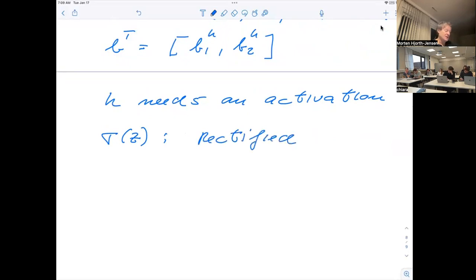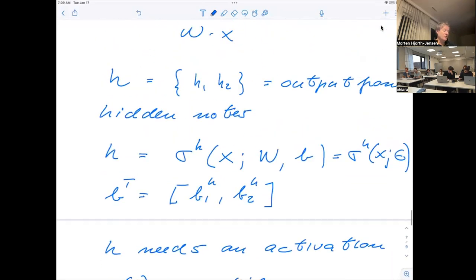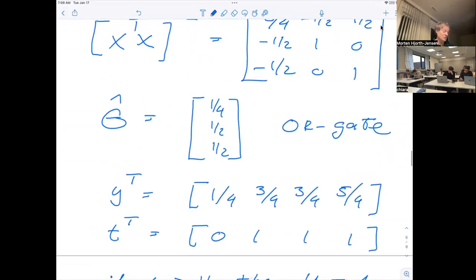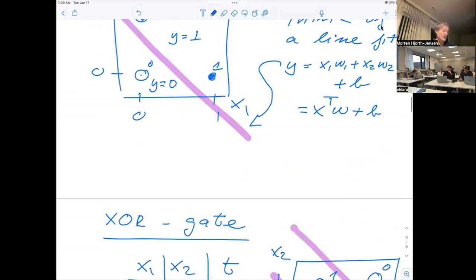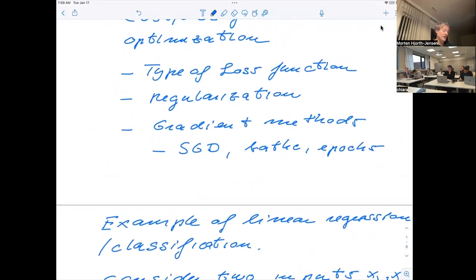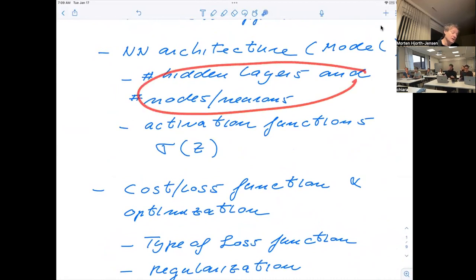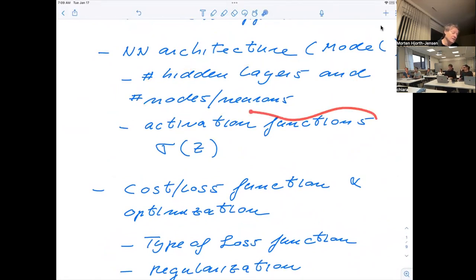Now, as I said in the previous lecture, if we scroll back a little bit and look at the more general features of a neural network, we have what we call the architecture. The architecture contains a given number of hidden layers and nodes, but it would also contain models for these activation functions.